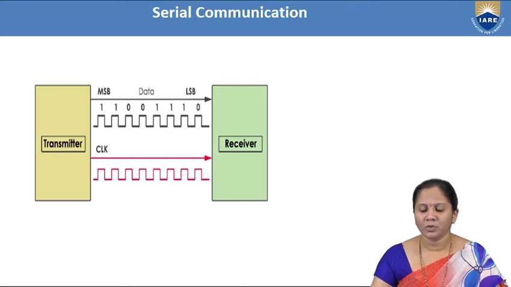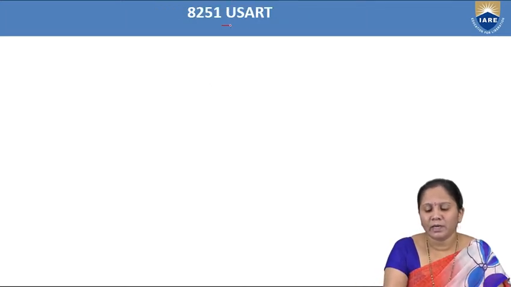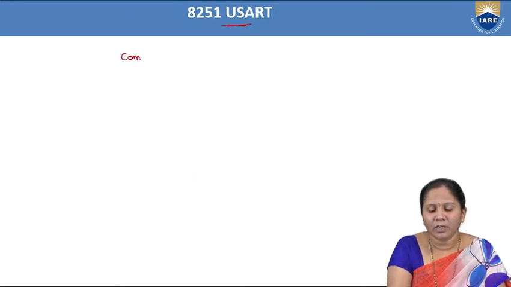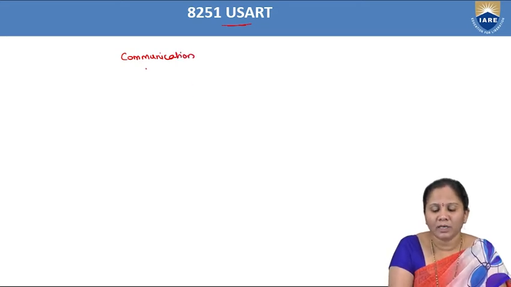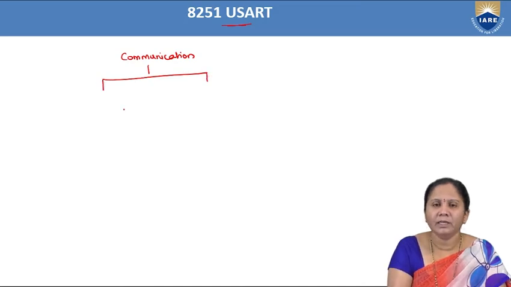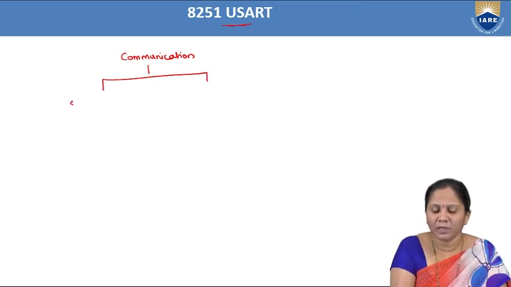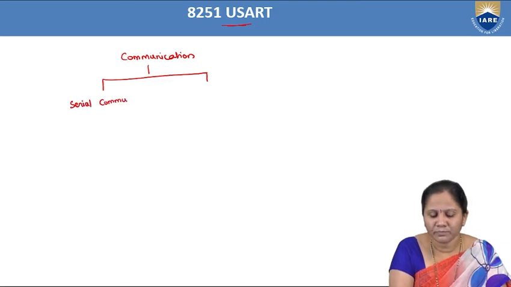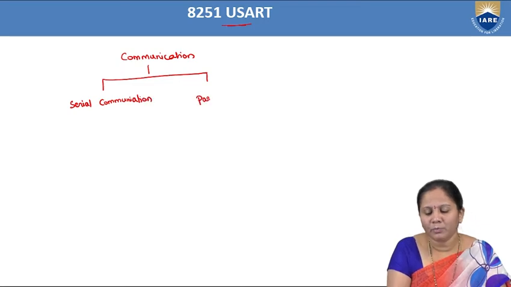Now, coming to this 8251 USART, communication will be performed by using it. Generally, the communication may be done in different ways. The communication may be either serial communication or parallel communication.